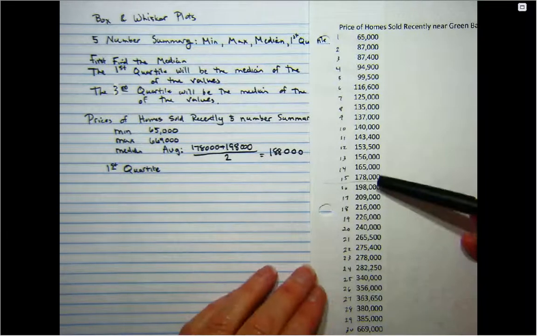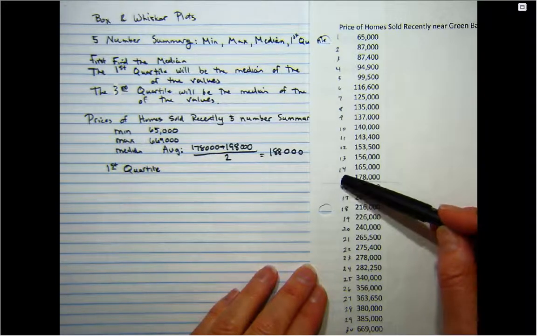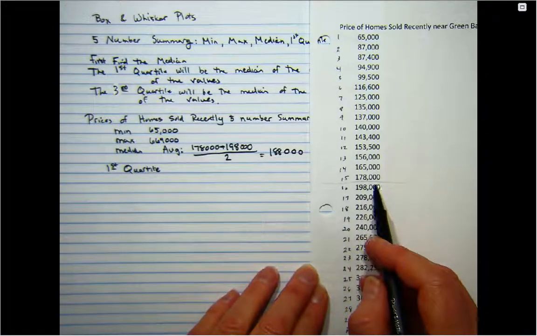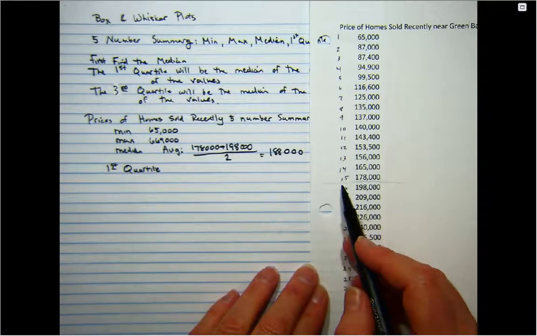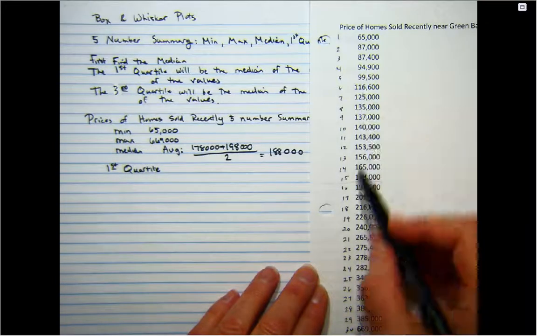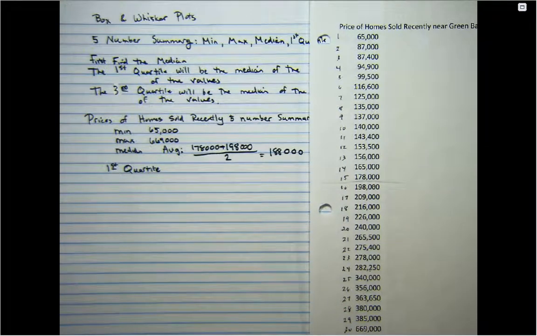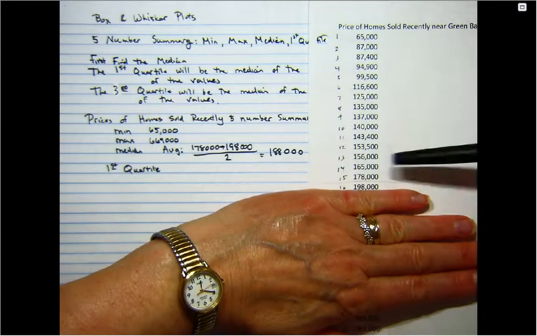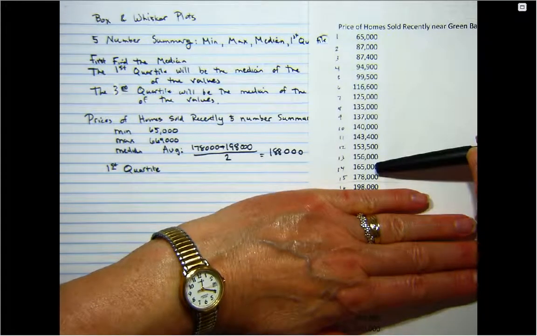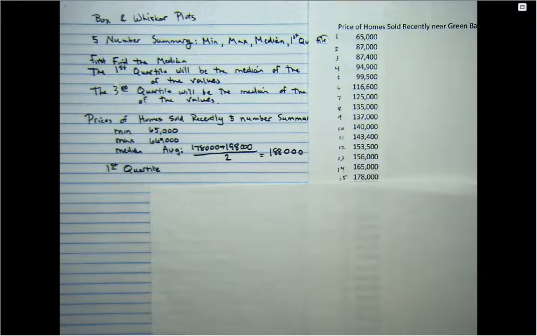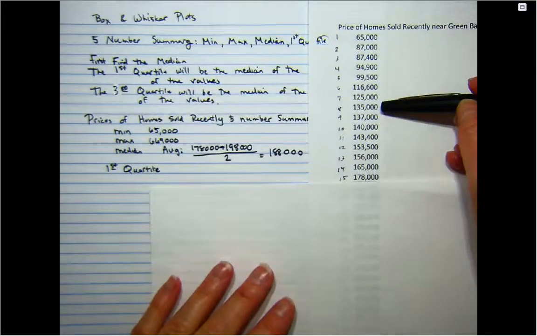The 178 and the 198 are the middle of the whole thing, where we calculated the median. Now we're looking at the numbers labeled 1 through 15, from 65,000 to 178,000. So we're ignoring these, and we're looking for the median of these. What's the median of what's left? 130,000. Good. 135,000. Okay, so that's the 8th number.